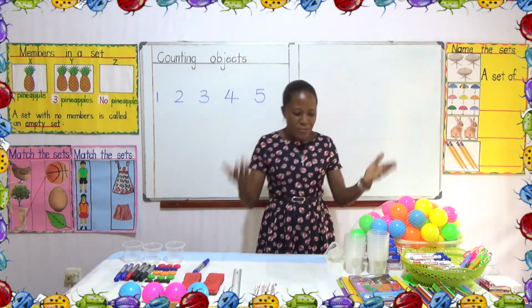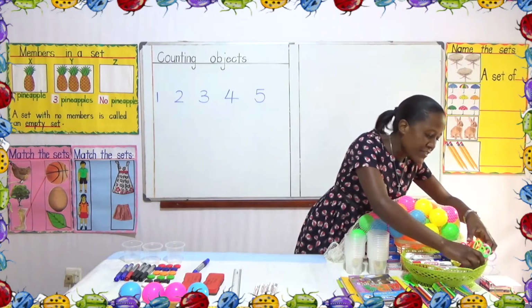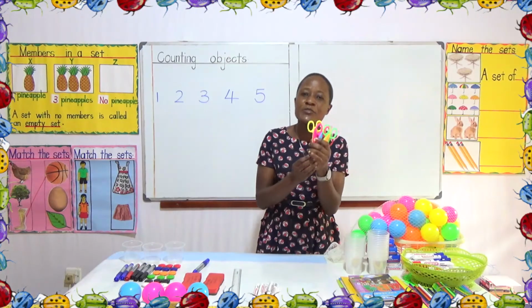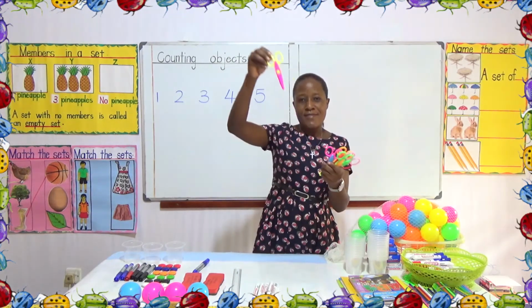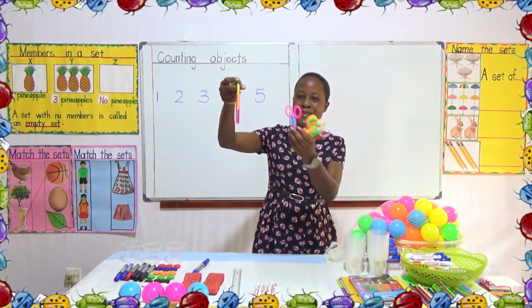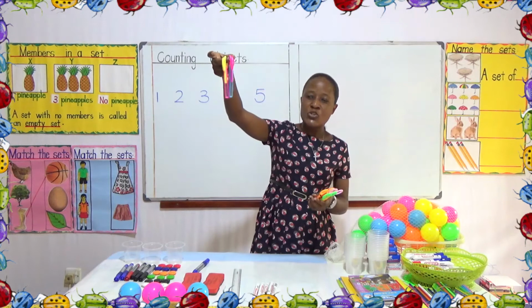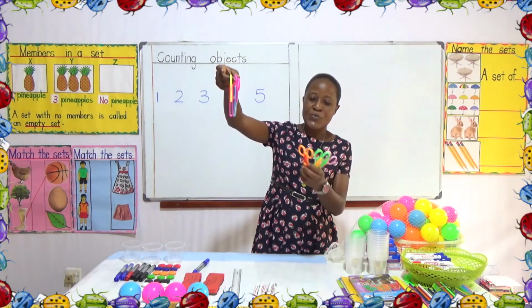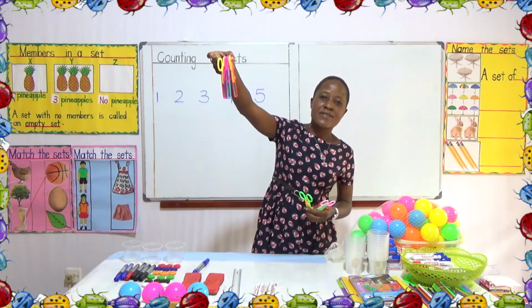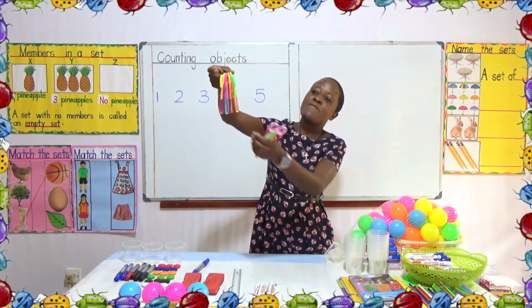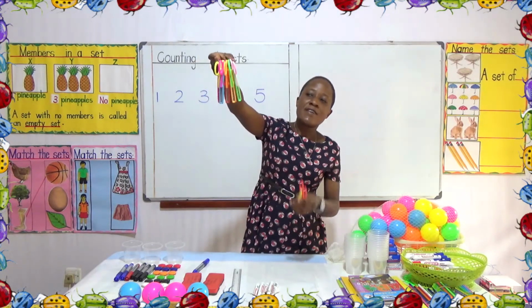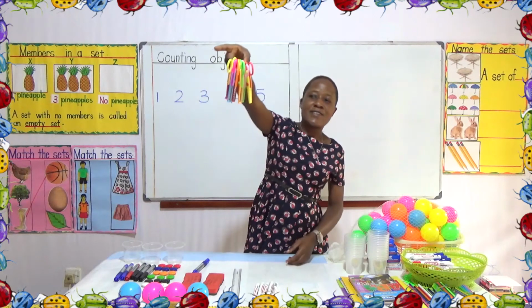Let's count 6 objects. Let's count the scissors. We have some pair of scissors here. Let's count together. That is 1, 2, 3, 4, 5, and 6.